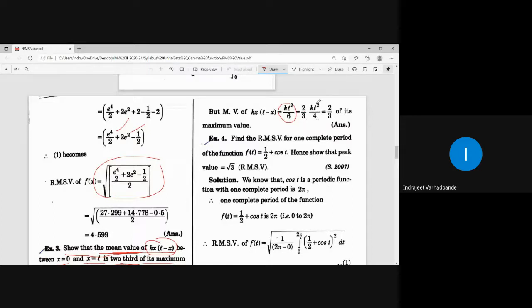Right? And accordingly, I show that 2 by 3 multiplied by KL square by 4 will give you the answer KL square by 6. And therefore, I say that the mean value of the given function is 2/3 of its maximum value.